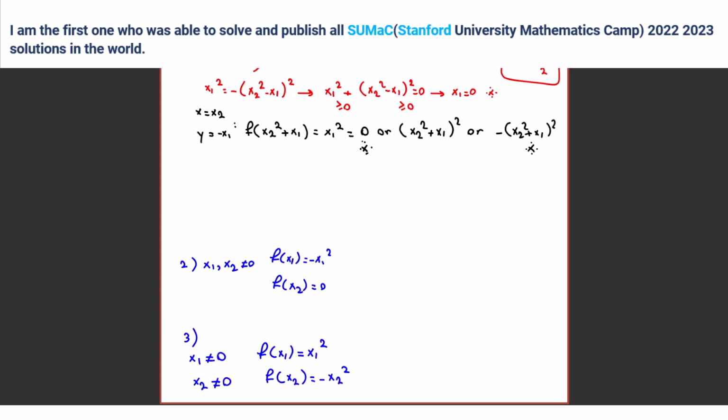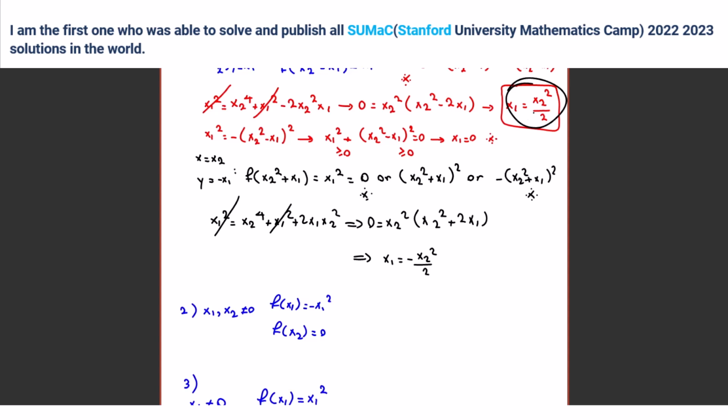So we need to only check this, x2 to the 4 plus x1 squared plus 2x1 x2 squared, right? So we can cancel x1 squared, so 0 is equal to x2 squared plus 2x1, right? So here we can conclude x1 is negative x2 squared over 2, right?